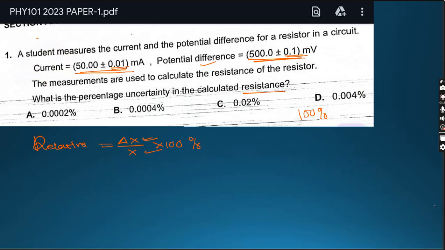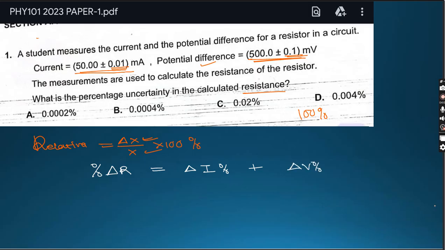When you find any question of this kind, we use this formula. The delta R, showing the percentage uncertainty of resistance, is given by the sum of the percentage uncertainty in current, where current is denoted by the capital letter I, plus the percentage uncertainty of voltage.